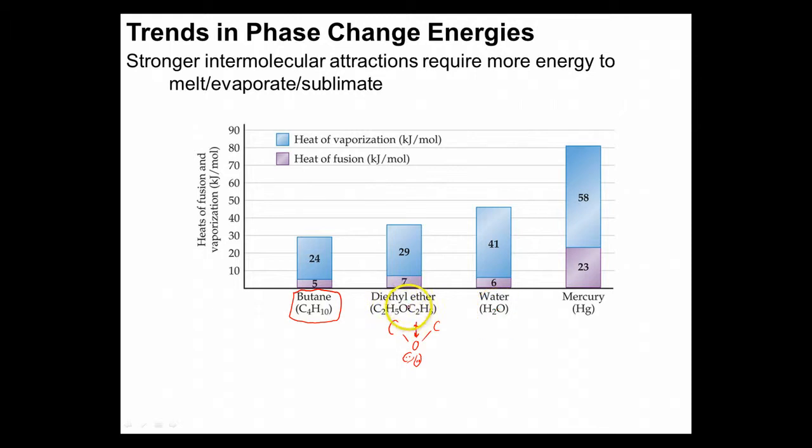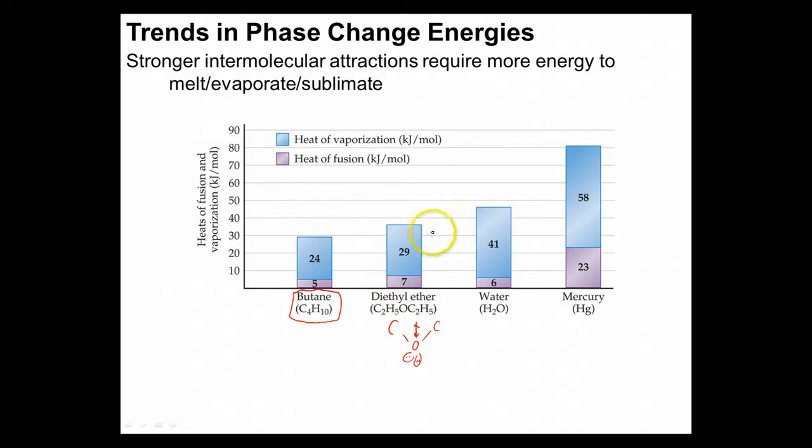So we also have a heck of a lot more London forces going on in this one. So while this one's got more hydrogen bonding, this one's got more dipole force and London dispersion forces holding it together. And so it ended up being kind of a draw. It didn't have a whole lot of change in enthalpy for the heat of fusion. And in fact, it takes just a little bit more to get the diethyl ether to melt.